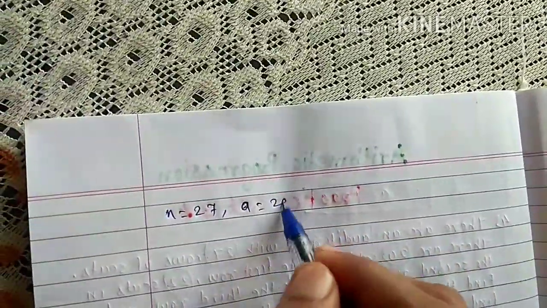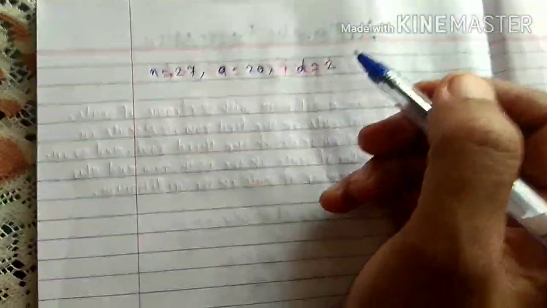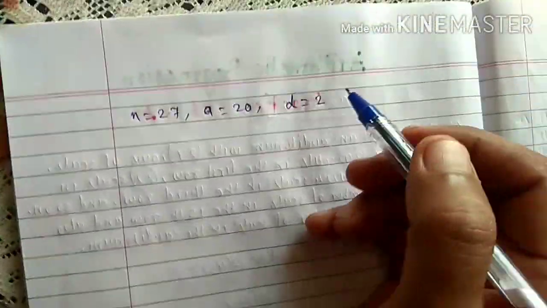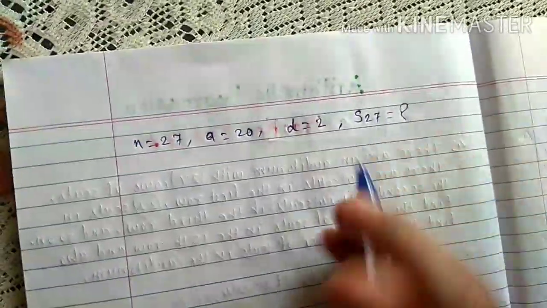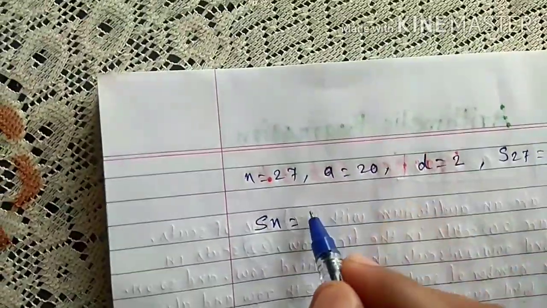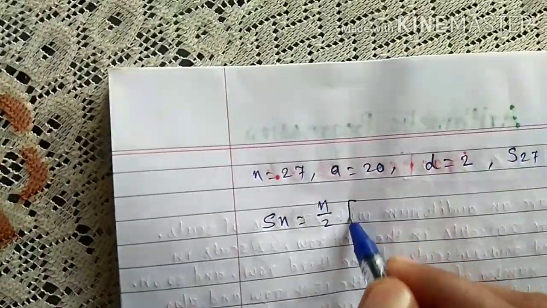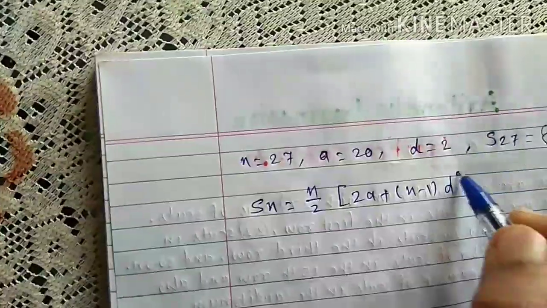So n is equal to 27. Again, a is equal to 20, d is equal to 2. We have to apply the formula for Sn. So we have to find S27. Apply the formula Sn is equal to n upon 2 into 2a plus n minus 1 into d.